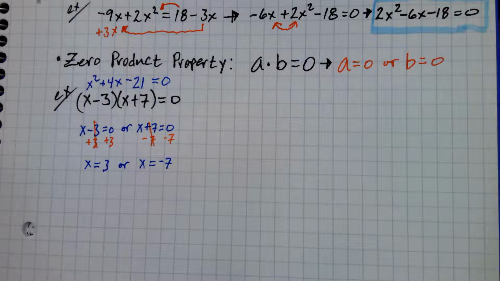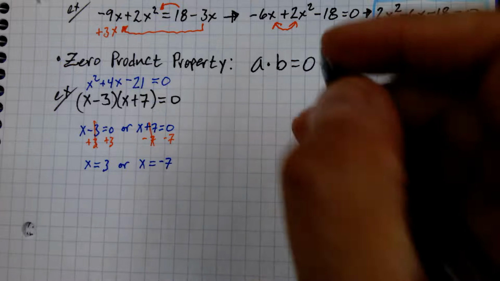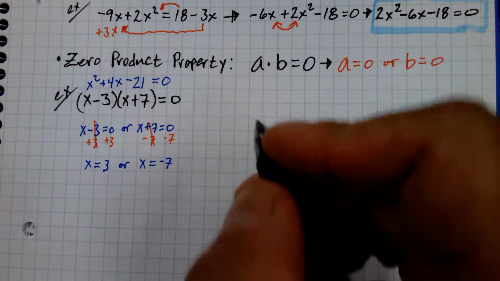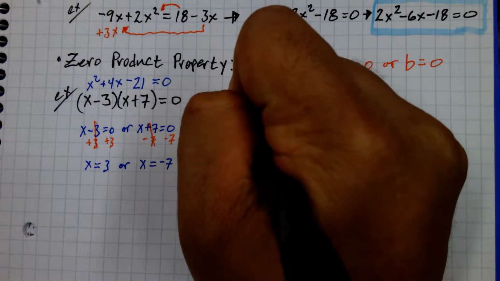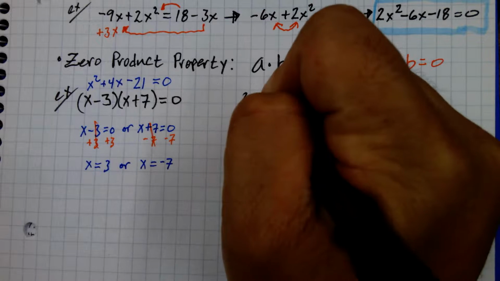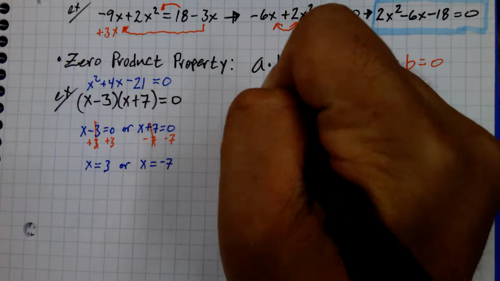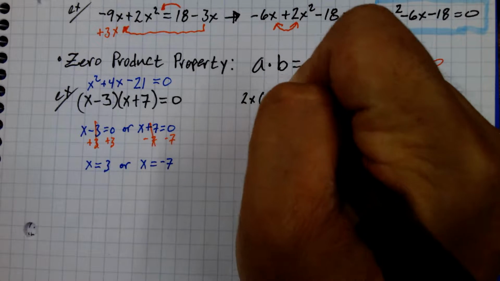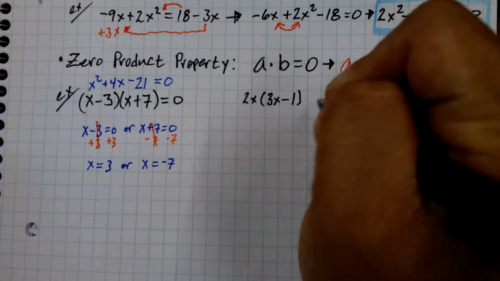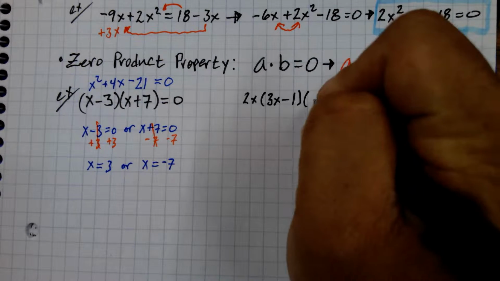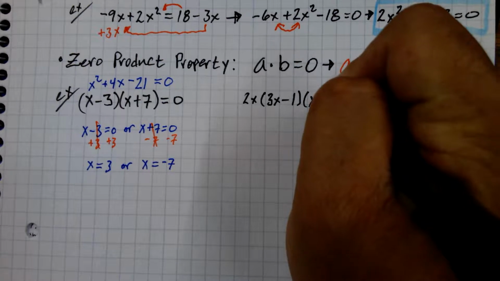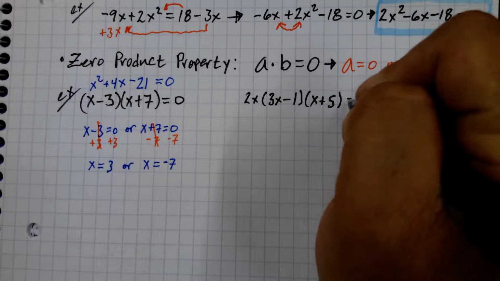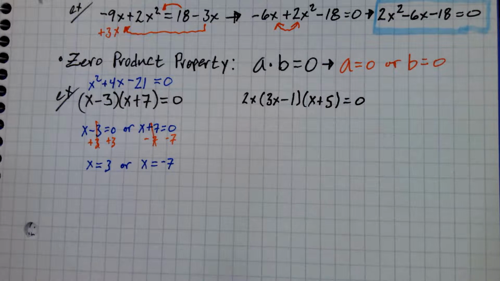Okay? And even if you have something a little harder, like 2x times 3x minus 1 times x plus 5 equals 0.